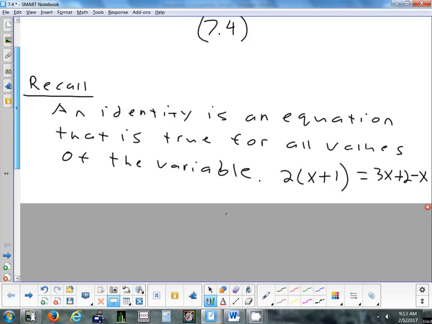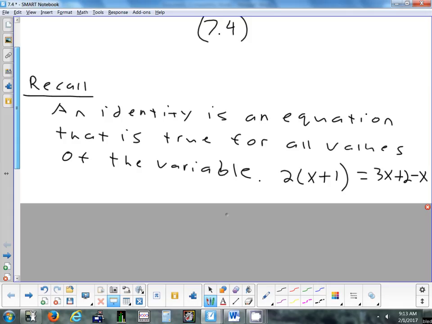And what do you get on the right when you combine like terms? 2x plus 2. You have the same thing on the left and right, so you can pick any value for x and this equation is true. Would it work if you plug in 5? Yep. 3? Yep. Negative 8.7? Yes. It's always true because it's an identity. You can't pick a value for x that would make this false.